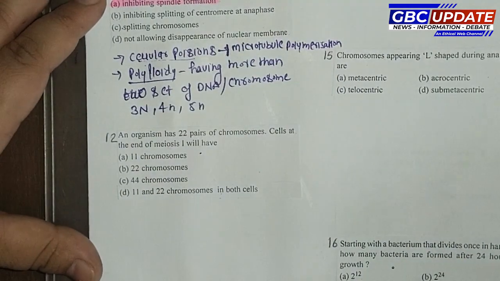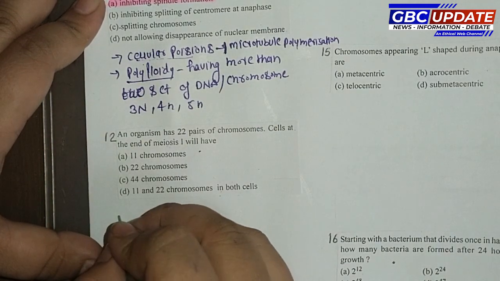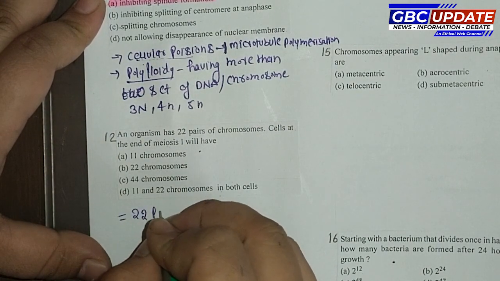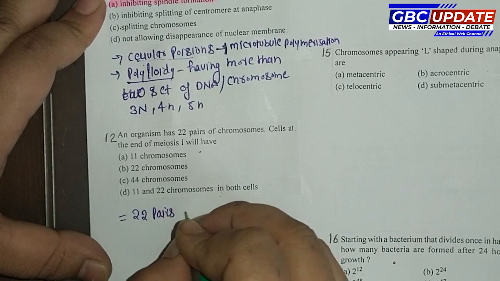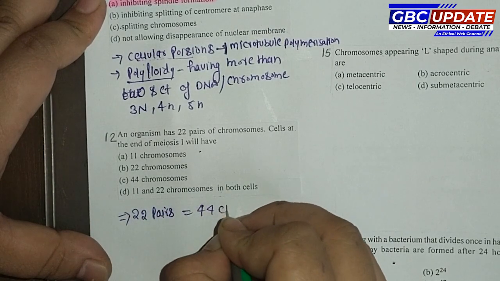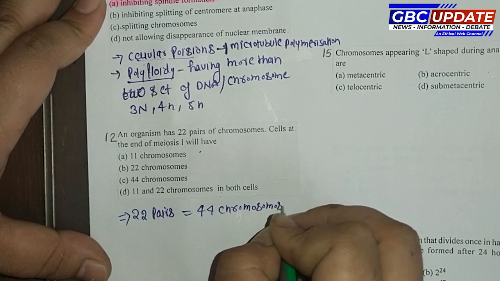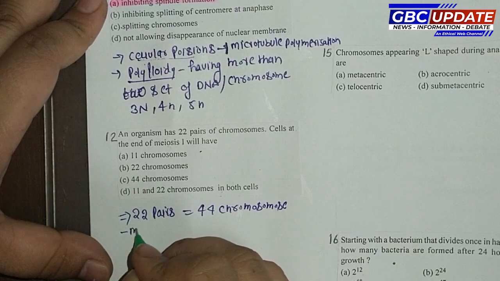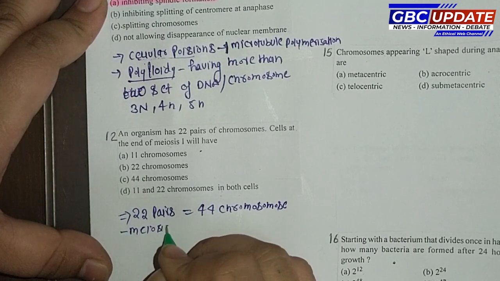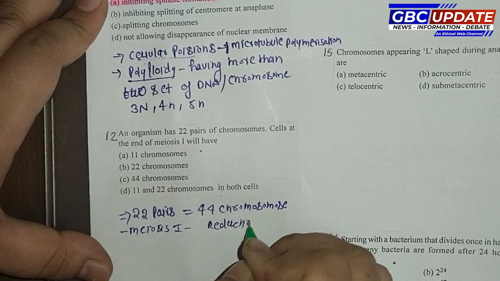An organism having 22 pairs of chromosomes, at the end of meiosis 1 will have, if we are talking about 22 pairs, that means this organism has a total of 44 chromosomes. And we are talking about meiosis 1. Meiosis 1 is already a reductional division.